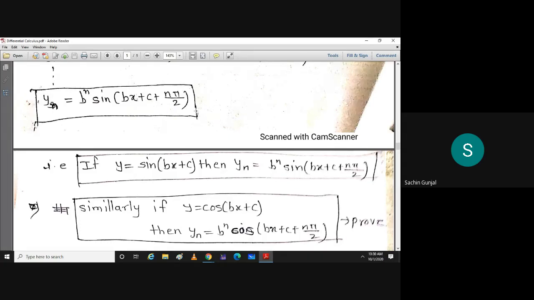So what is 2 sin A cos B? Cos (A plus B) by 2 into sin (A minus B) by 2. Is it divided by 2 there?